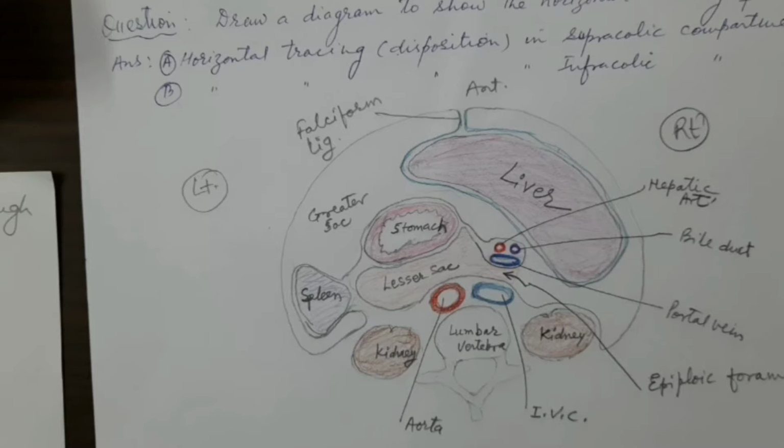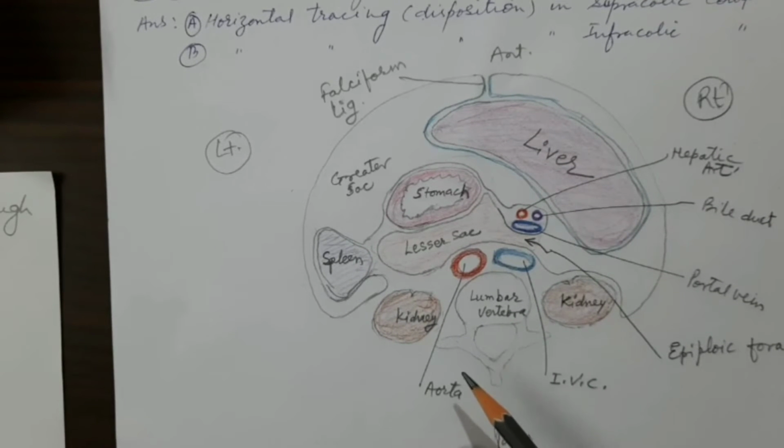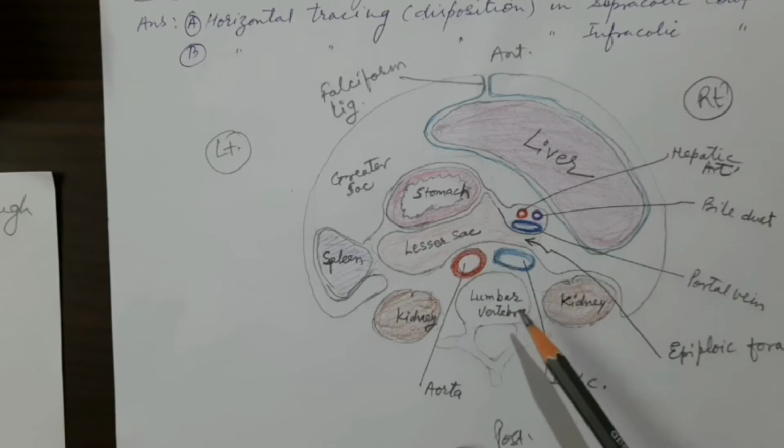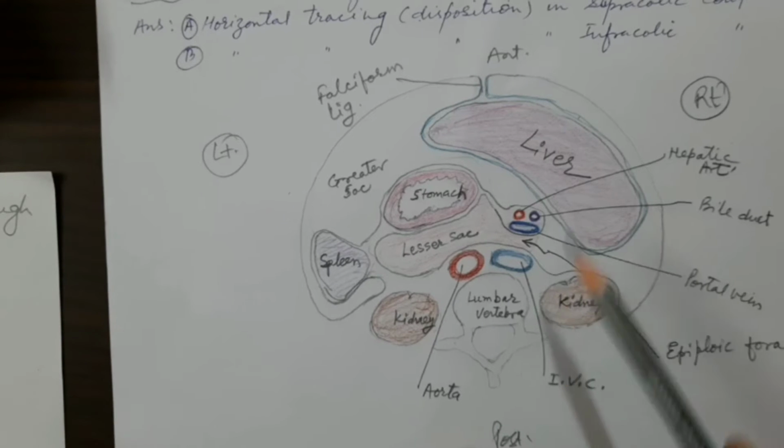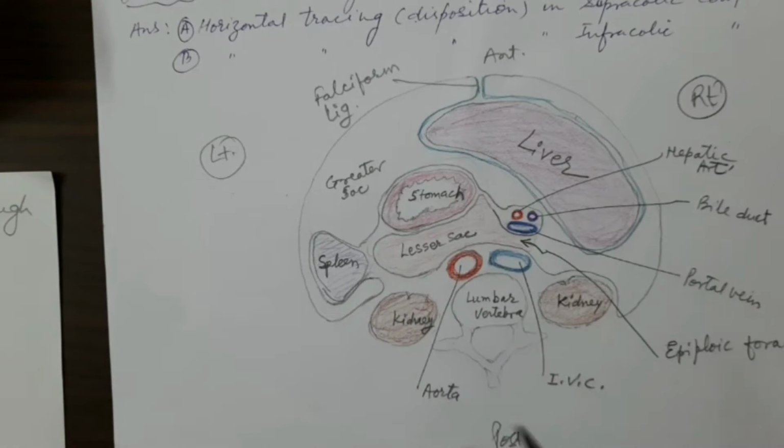So all the CAT scans, computerized axial tomography, or MRI, they are visualized in this way, thinking that your patient, though lying on the table in supine position, but you are standing at the leg side and seeing the cross section. So we are standing in this section at the leg side of the patient and seeing, and that's why the lumbar vertebra is placed here posteriorly, anterior abdominal wall, right side liver, and left side is the spleen.